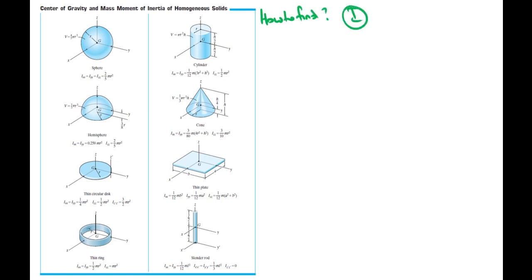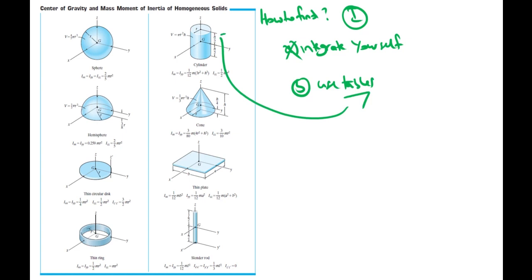To find the I value, you can use the integral equation. The first option is to integrate yourself, which we will not do. The second is to use tables. That's what we are going to use. These tables will give us enough information, and then we will do things easily.